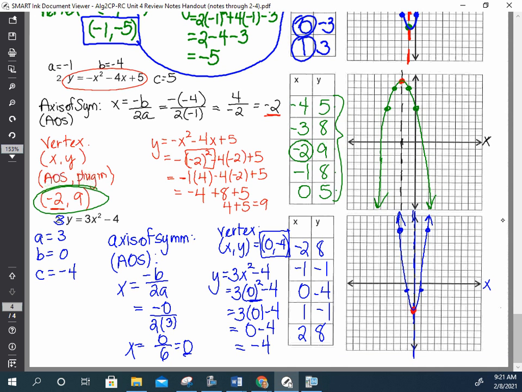Again, doing the graph of a quadratic is not hard. It just requires you to put in a little bit of work. Any questions? Example 3.